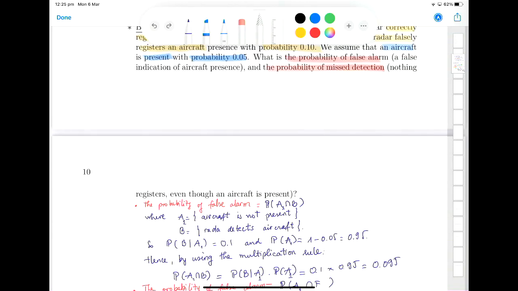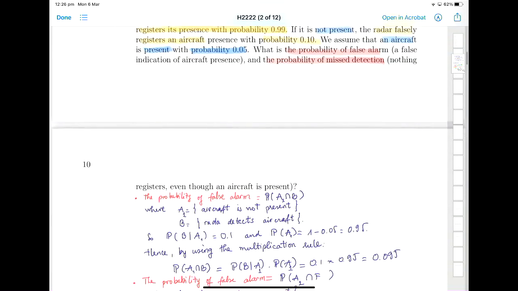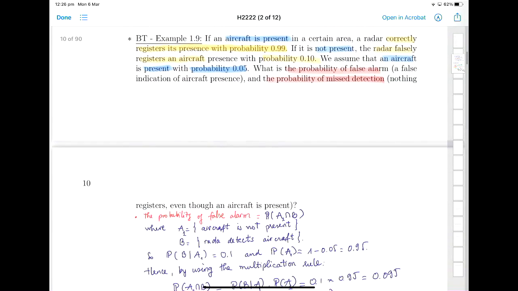Okay, can we try to compute the second question, the probability of misdetection? Can you try to use the same method to find the probability of misdetection?